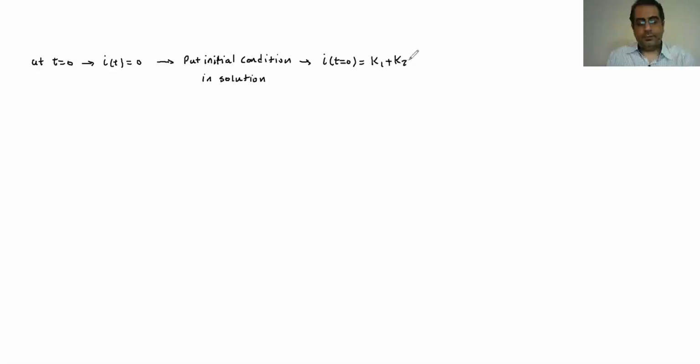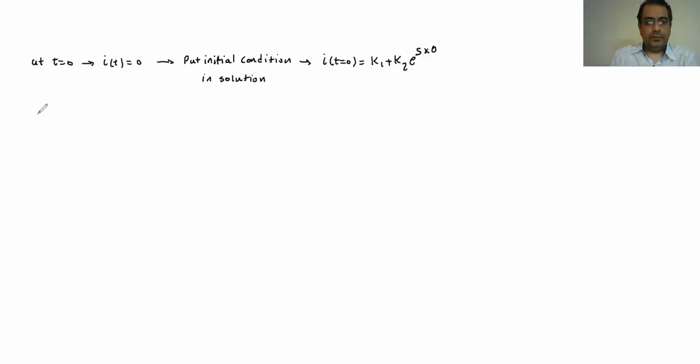So we put the initial condition in the solution. It's going to tell us the I at initial condition t equals 0 is going to be K1 plus K2 e to the power of S times 0.